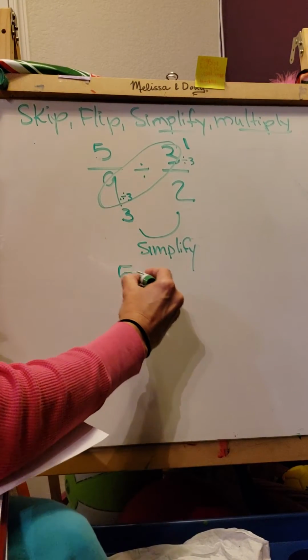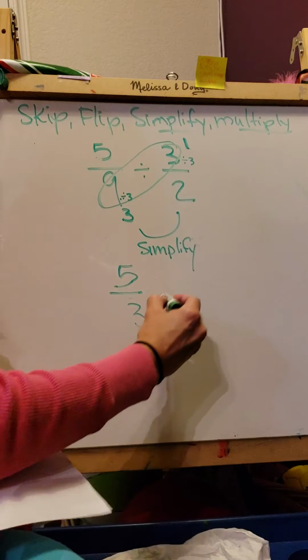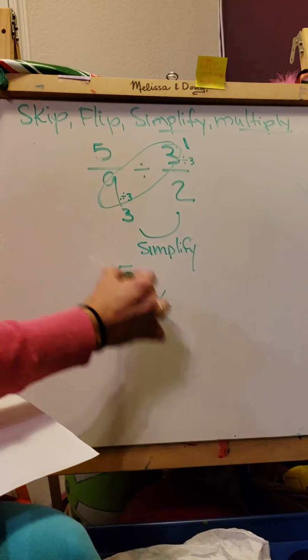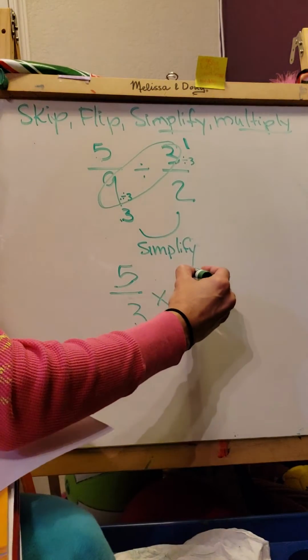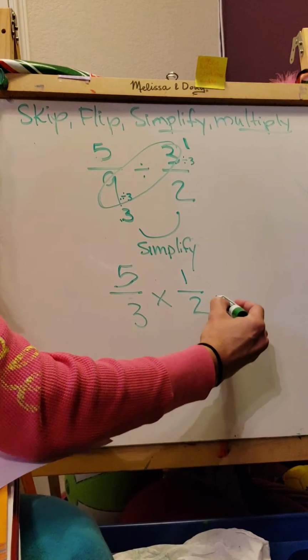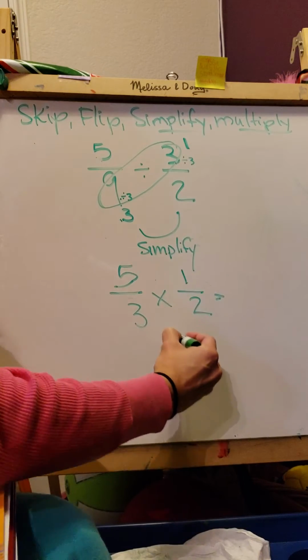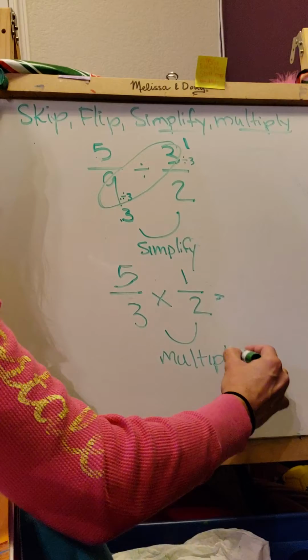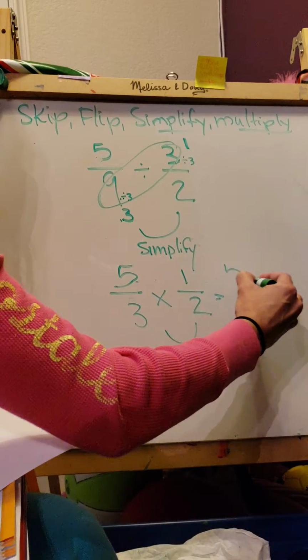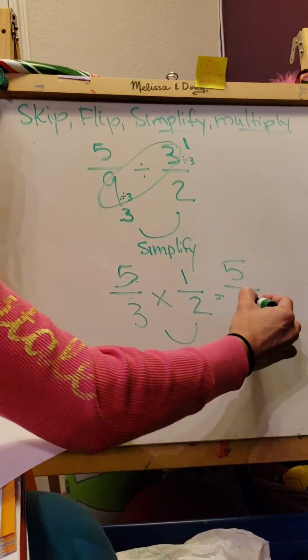And now we can multiply. We've got our 5/3. Remember, it came from here because the 9, we were able to simplify that. And we have our 1/2. So 5 times 1, I'm going to write down this step because this is our multiply. 5 times 1 is 5. 3 times 2 is 6.